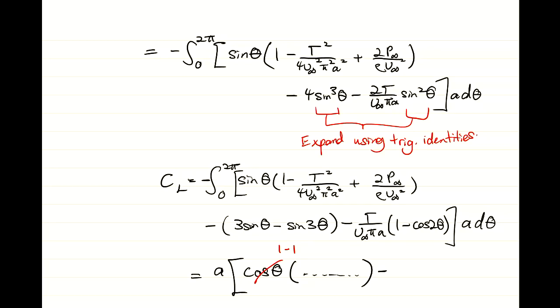Okay, and then I'm going to get minus. Now I'm going to integrate sine again, so that's just going to give me 3 cosine theta minus cosine 3 theta over 3.